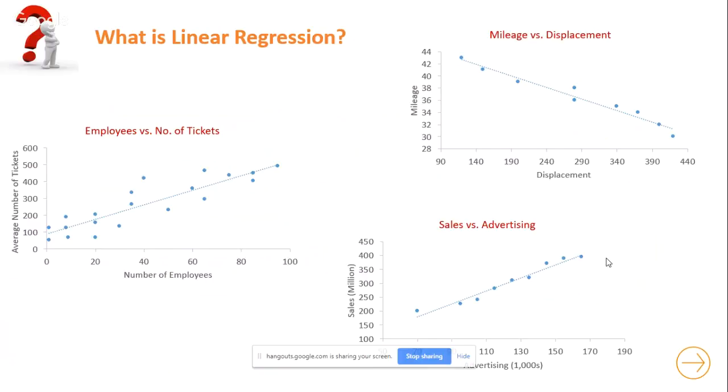In general, we can say that in all three graphs, we have a relationship between the two variables, and the relationship appears to be linear, since it seems like we can draw a straight line through the data, as you can notice.